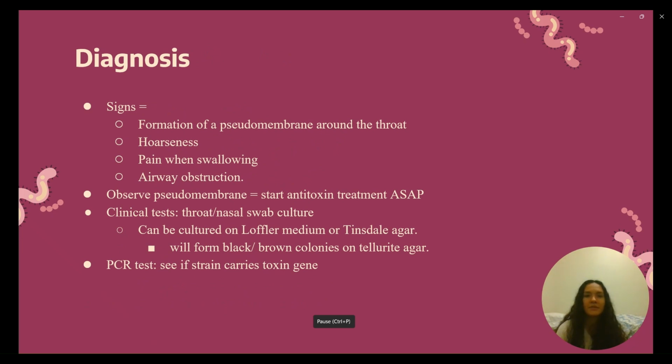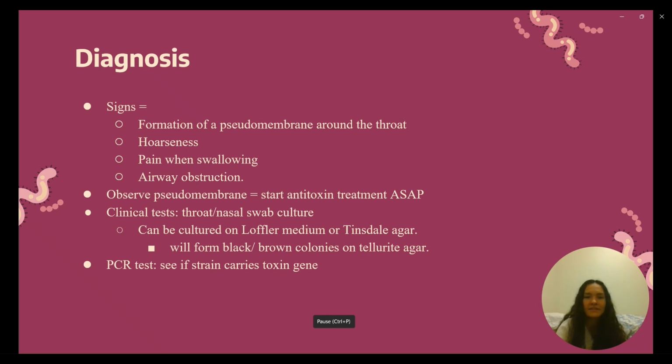Signs that someone has been infected with Corynebacterium diphtheriae are formation of a pseudomembrane around the throat, hoarseness, pain when swallowing, and signs of airway obstruction. If the pseudomembrane is observed, antitoxin treatment is started immediately, because waiting would be life-threatening.